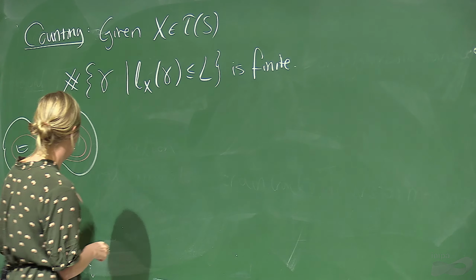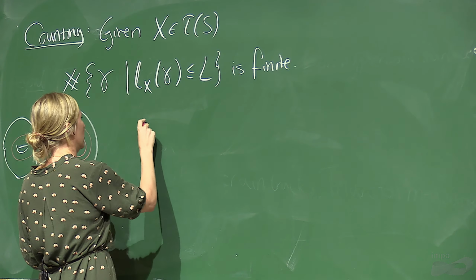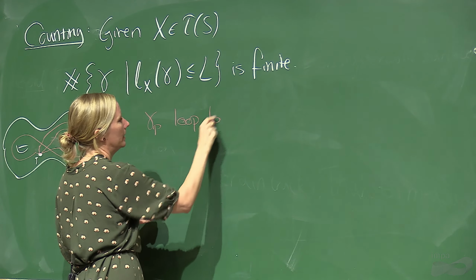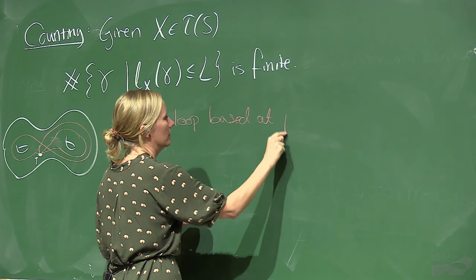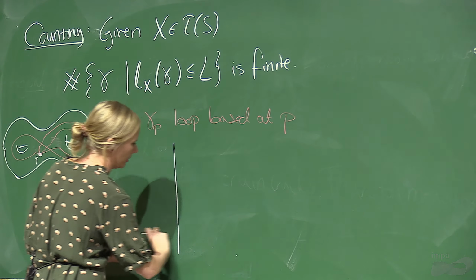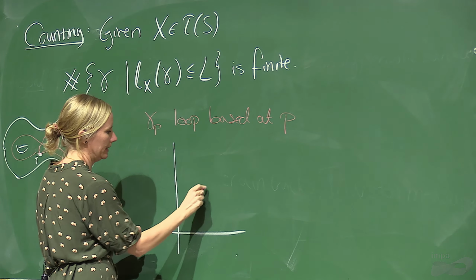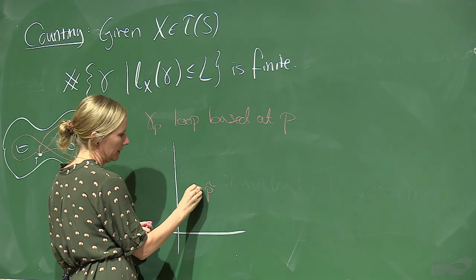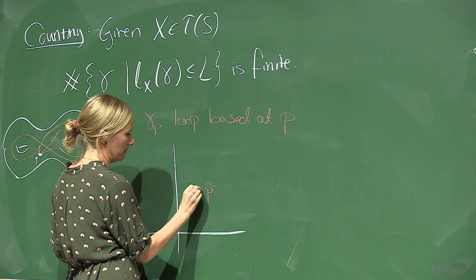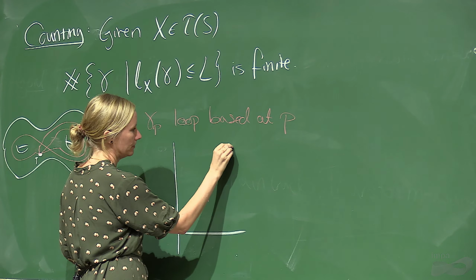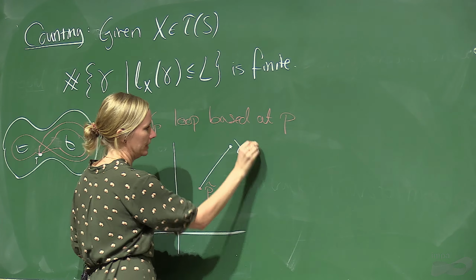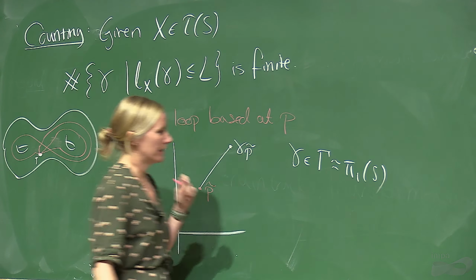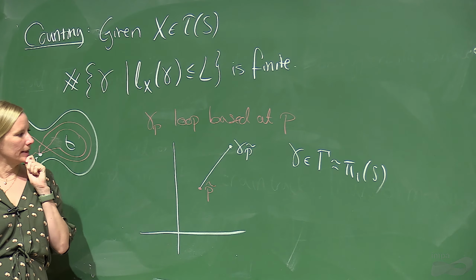And any loop, maybe I call it gamma sub p, a loop based at p, well, if I lift everything to the universal cover, if I lift p to some p tilde, then any loop based there is a geodesic path, if I take a geodesic representative, to some gamma of p tilde for gamma in the fundamental group, or in that discrete group gamma.